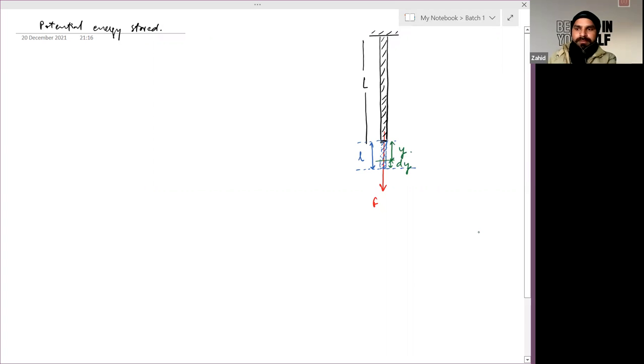Is it clear? I've just assumed the last extension in this wire is dy and the rest is y, so that the total elongation in this wire is l. Hiba, is it clear? Yes, sir.